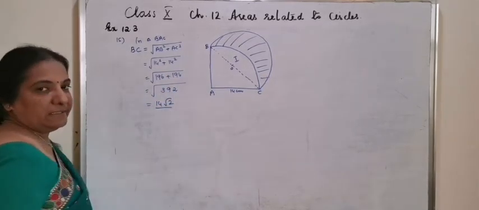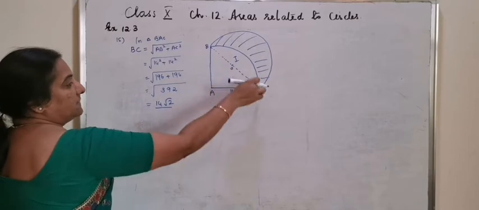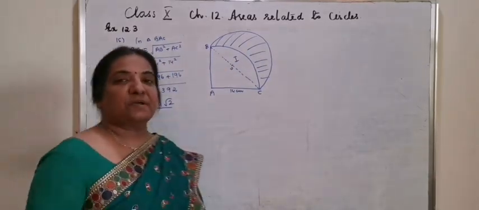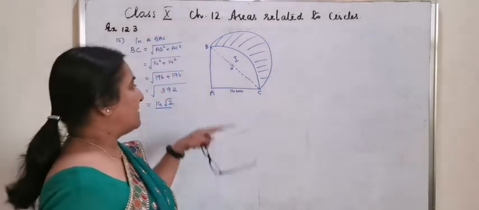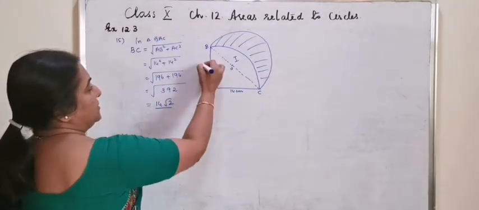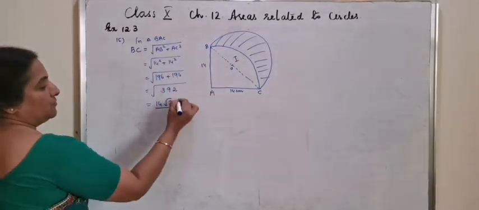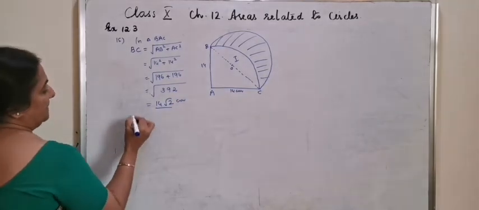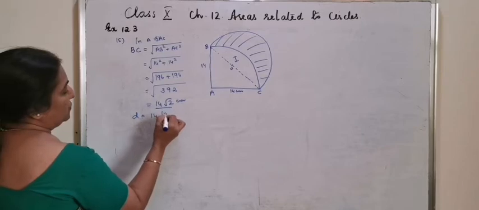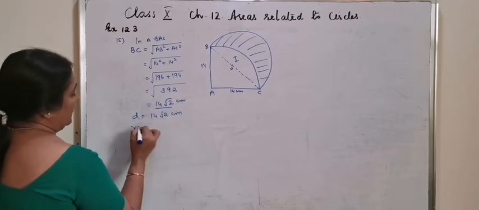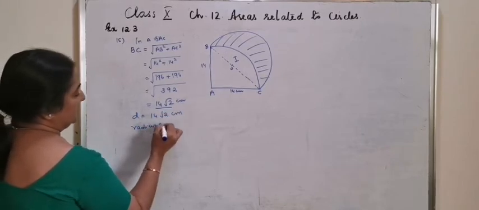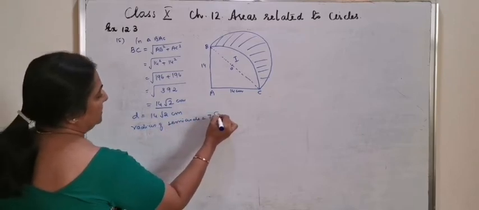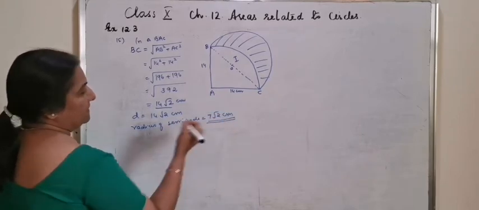You can double check because it's a part like a square. We understood that when the diagonal of a square is root 2 into side, here also it's a right triangle with the same measure. It will be 14 root 2 centimeter. Therefore, the diameter is 14 root 2 centimeter, or radius of semicircle equal to 7 root 2 centimeter.